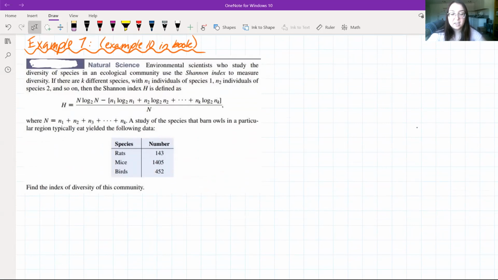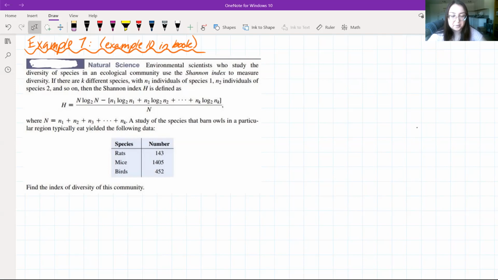If there are k different species with n sub 1 individuals of species 1, n sub 2 individuals of species 2, and so on, then the Shannon index H is defined as follows.